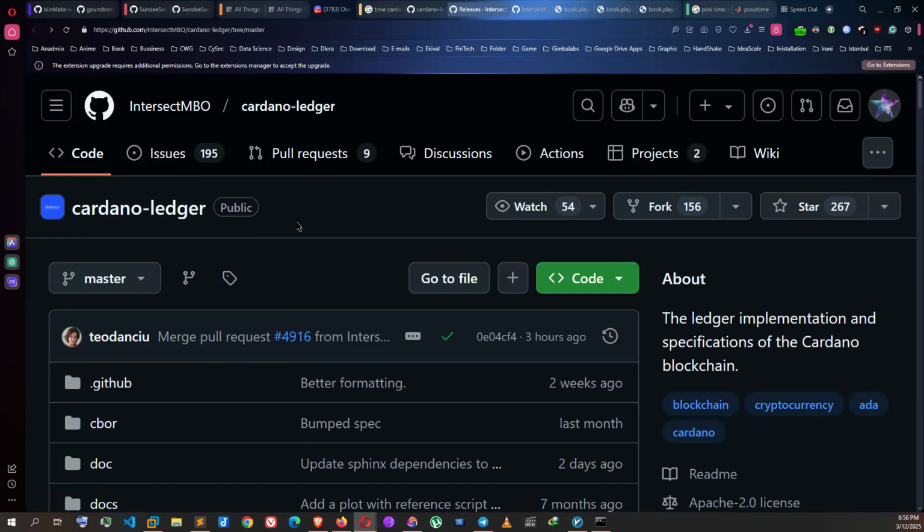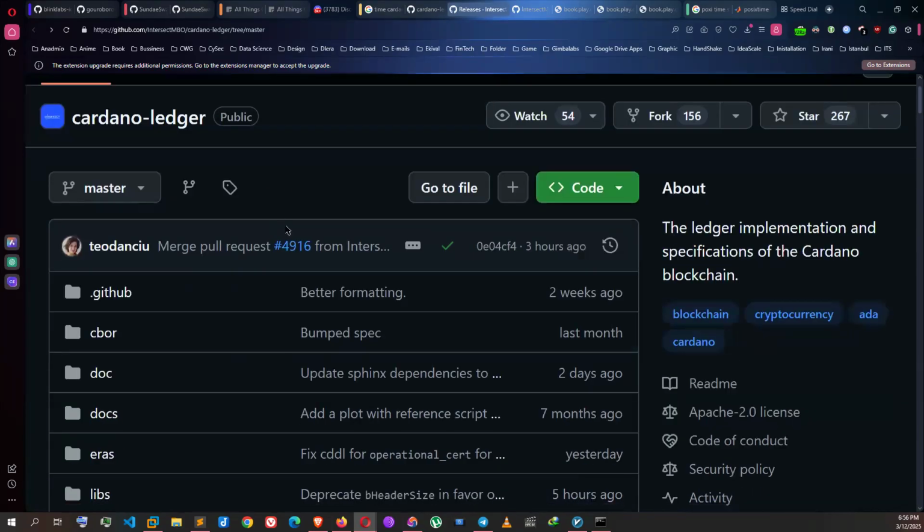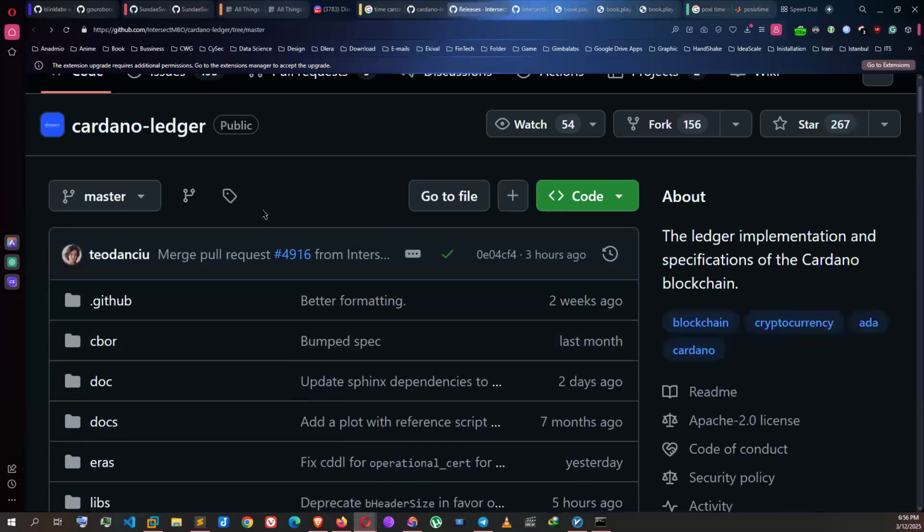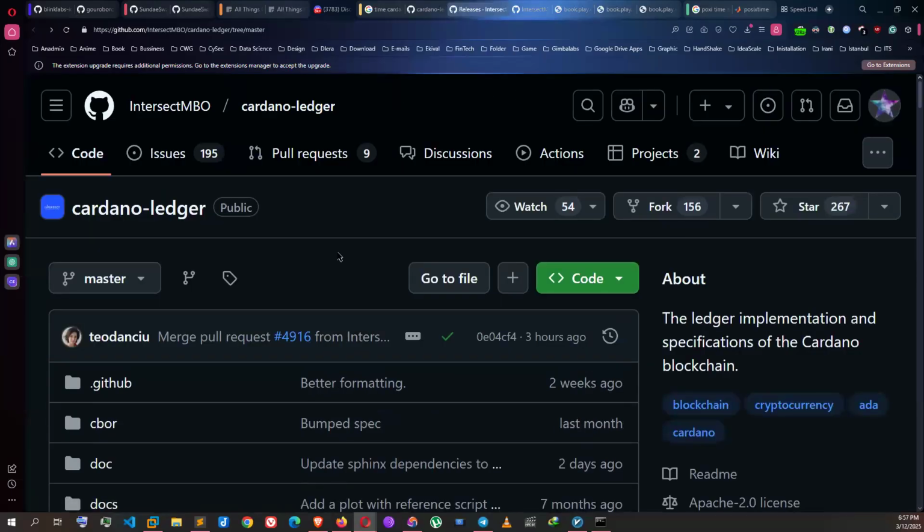But TX5 wanted to create this Cardano ledger with Rust. Blink Labs decided with Go. At the beginning, IOG, at that time IOHK, wanted to build this with Haskell because of all the deterministic stuff and the advantage of Haskell over other languages.